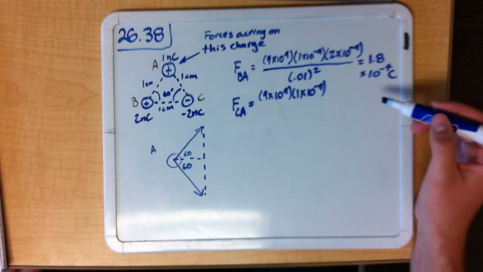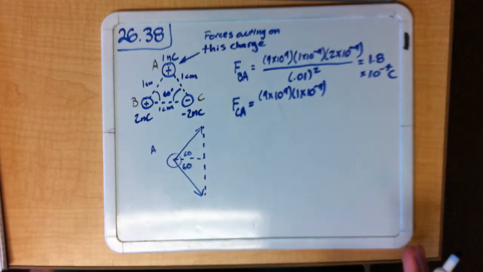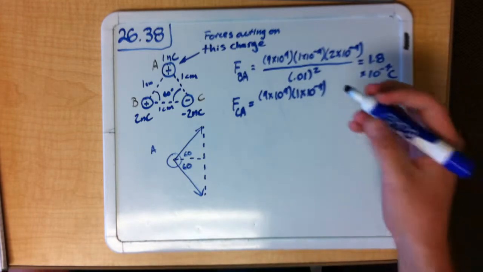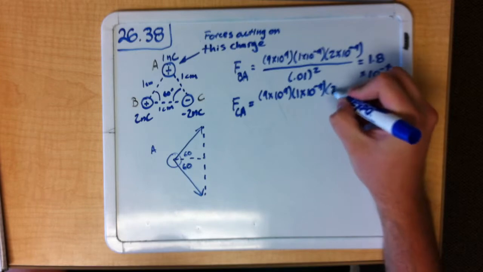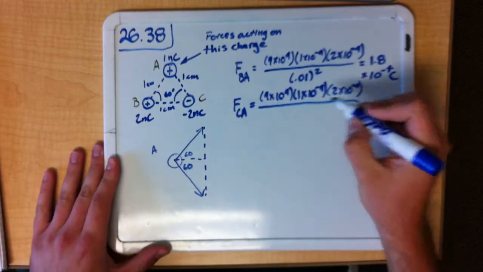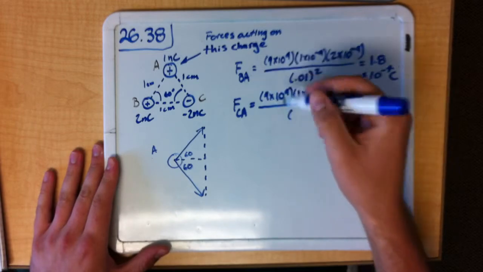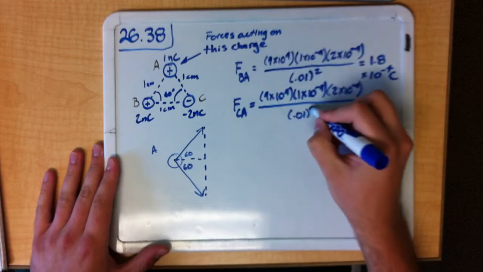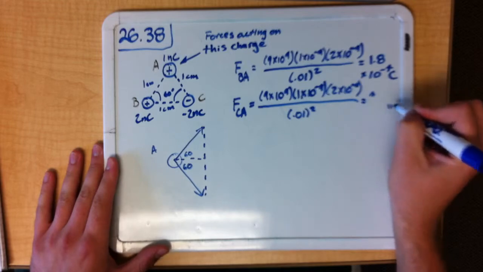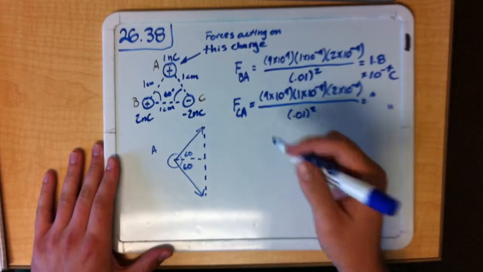But once it's in component form, it'll become negative in one area. So 2 times 10 to the negative 9th, and the distance is the same as from B to A, so 0.01 squared, which is also equal to this one. So now I would like to break these into components.